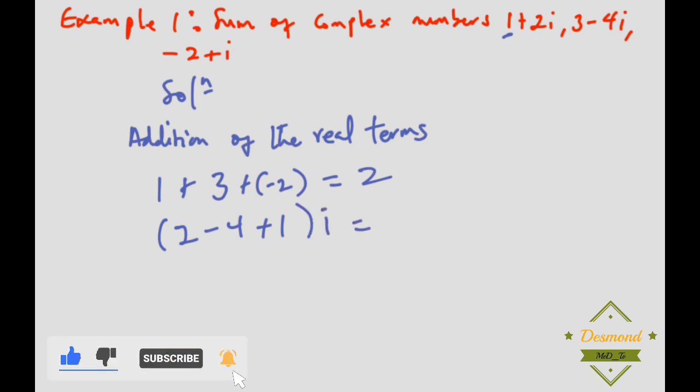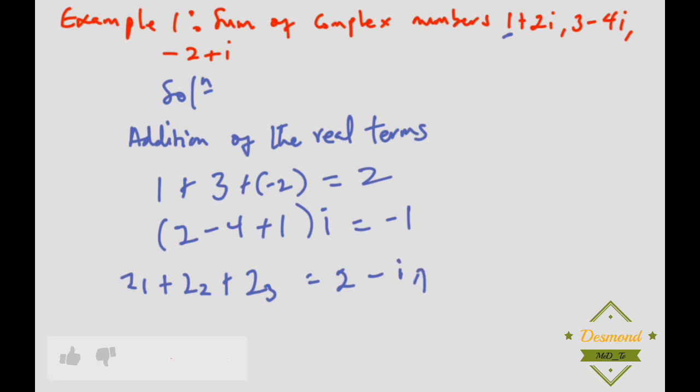And when you add this part, we should get minus 1. So therefore our z1 plus z2 plus z3, because we have three complex numbers, when you add all these three together, we should get 2 minus i here. And this is our answer for example 1.